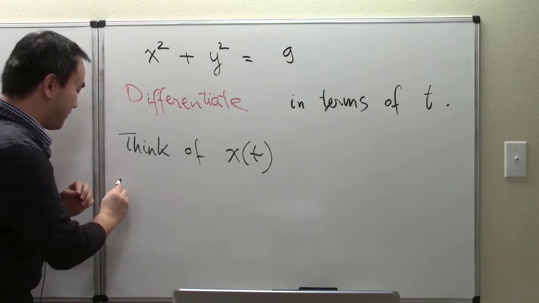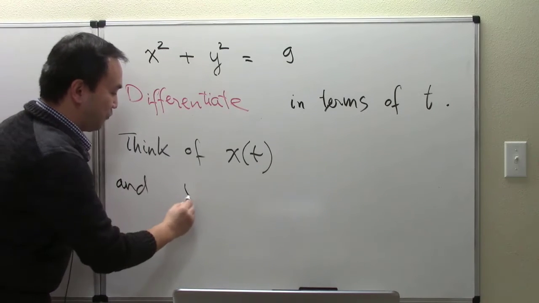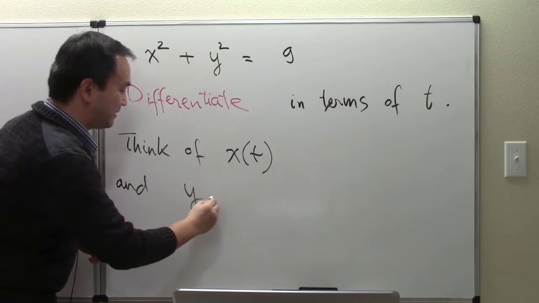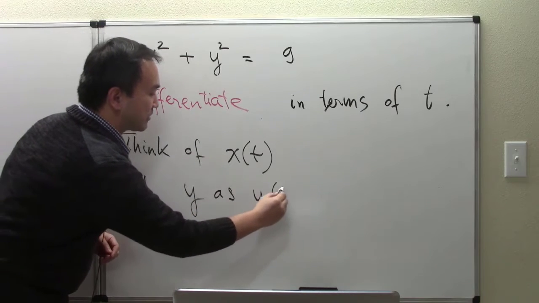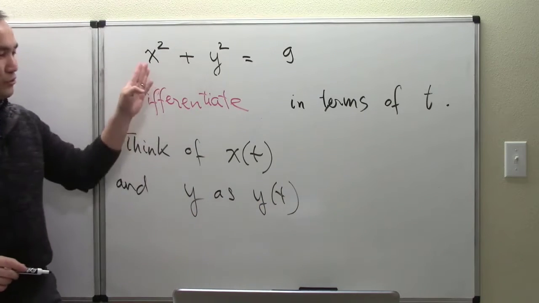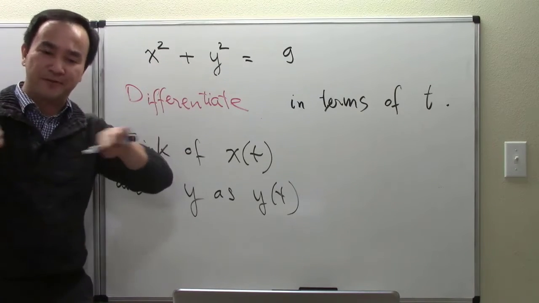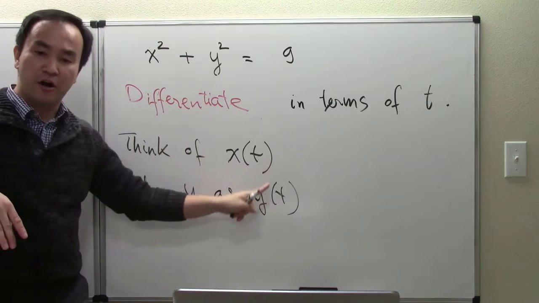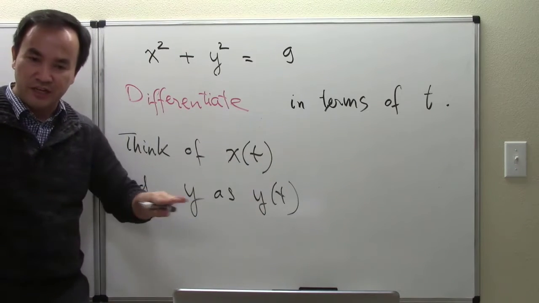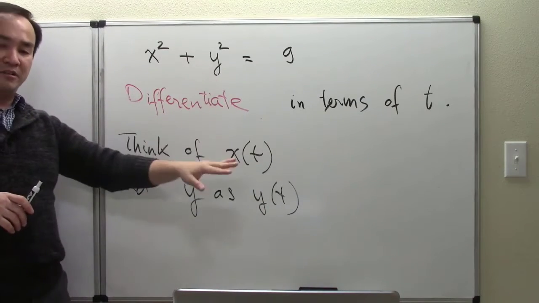And the same for y, as a function implicitly in terms of t as well. So the two variables x and y are two independent functions, but they are both dependent on the t variable, even though t is not anywhere found in our equation.